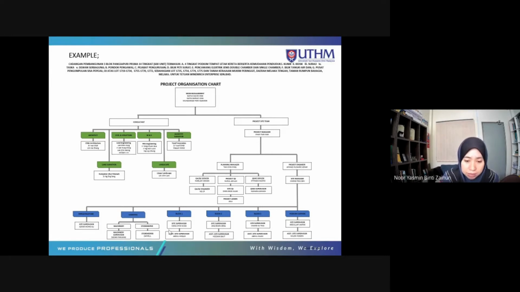So this is an example of a project organization chart. We have one team in architecture, one team in land surveying, one function in civil and structure, M&E, quantity surveyor, and landscape under the consultant.